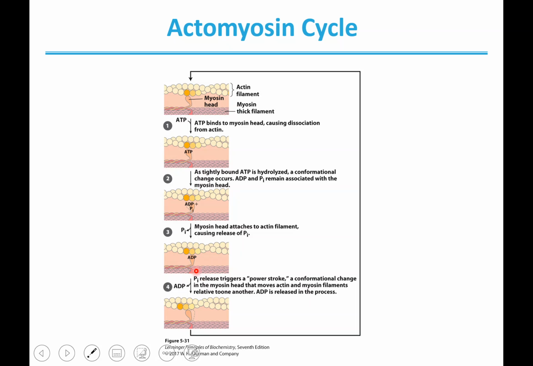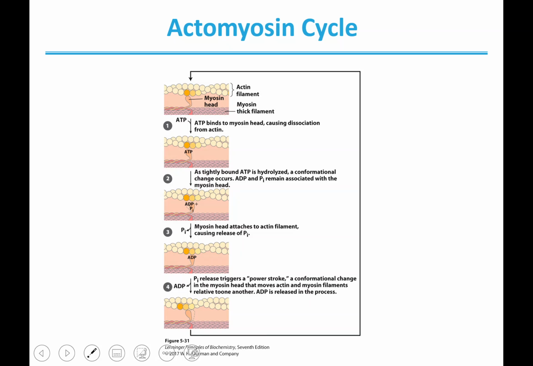The release of the inorganic phosphate triggers the power stroke conformational change in the myosin. So the myosin head group makes what's known as a power stroke, and that moves the actin and myosin filaments relative to one another.